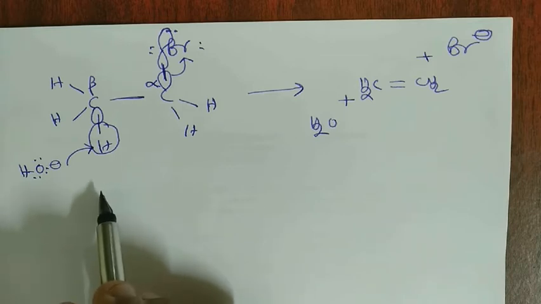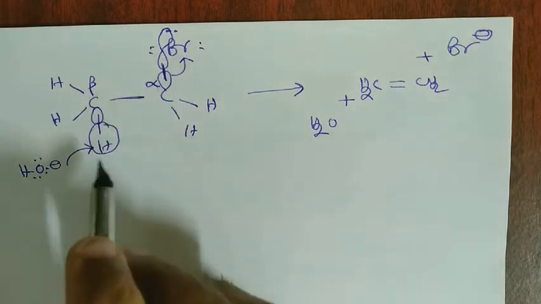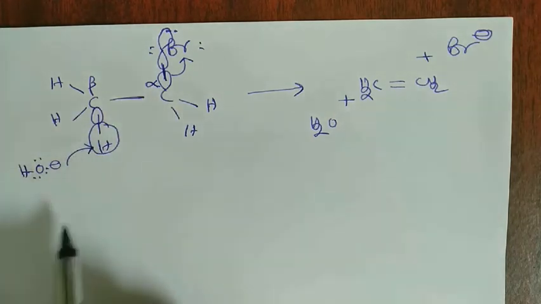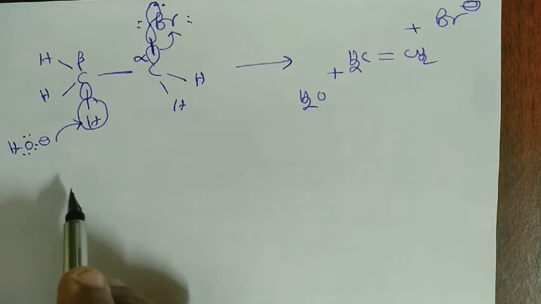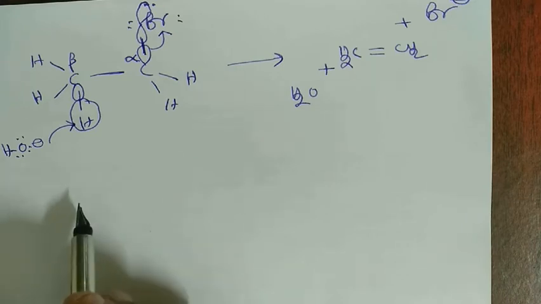So in order to form alkene, the leaving groups must have anti-periplanar orientation. They must be trans with respect to each other. Hence the reaction is highly stereospecific.